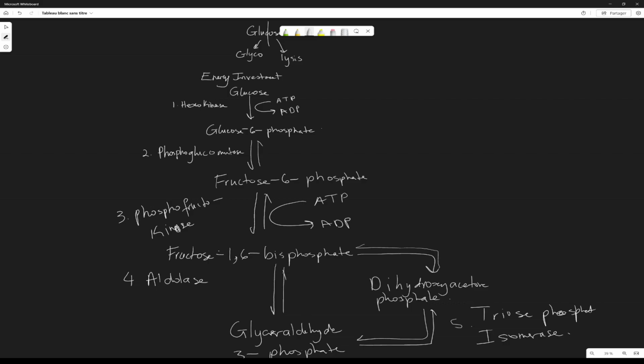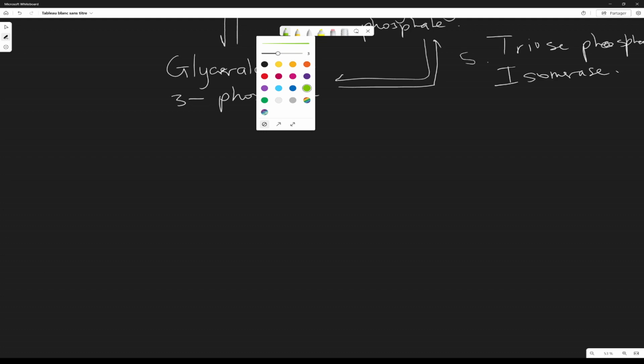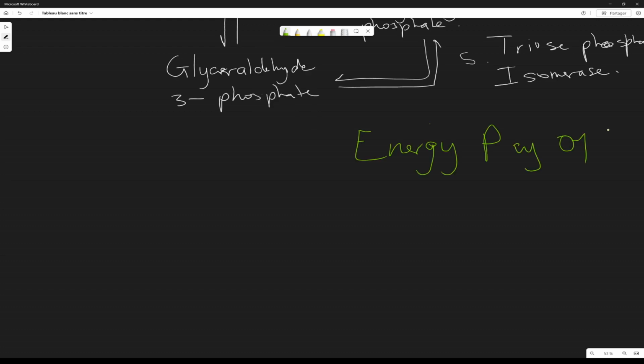But let's look into what we have now. Let me use a different color to show the energy payoff phase. Energy payoff. Now for energy payoff, the first reaction is going to be a type of reduction, what we can call a substrate level reaction.